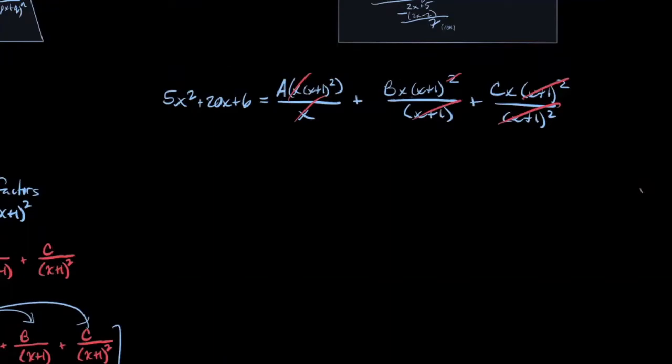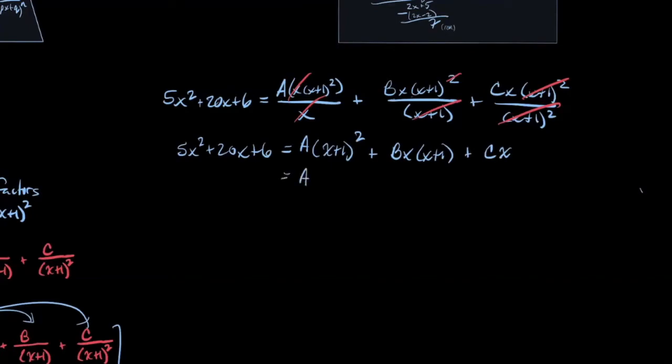So we have 5x squared plus 20x plus 6 is equal to a times x plus 1 squared plus b times x plus 1 plus c times x. And now we're going to do a little bit of terrible algebra. We have to distribute all of this and kind of expand it.